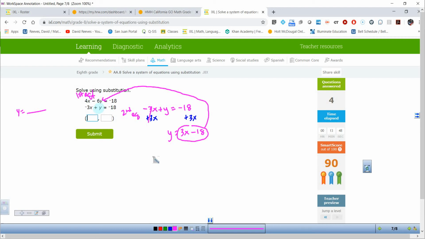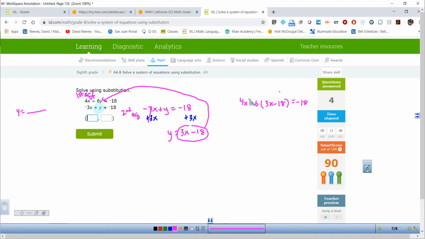So I'm replacing the y from the second equation into the first equation. My first equation is 4x minus 6, but instead of y, what am I going to put? I'm going to put 3x minus 18. 3x minus 18 equals negative 18.